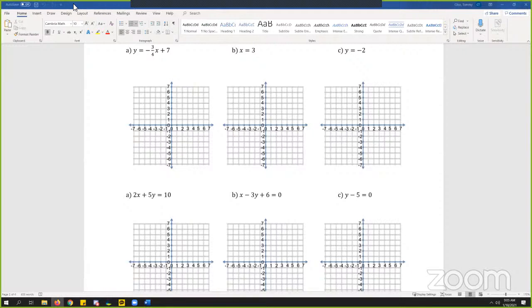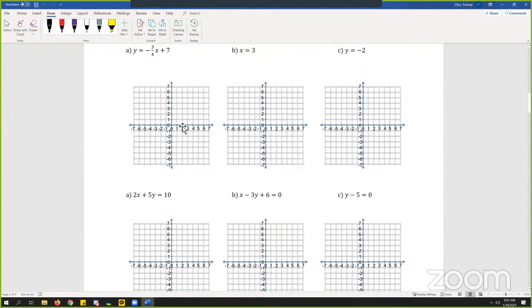All right, so let's get started with this. First page was all about graphing. With the graphing one here, once again, you should already know how to graph, which is to identify the slope if you have it, and the y-intercept if you have it, which we do.